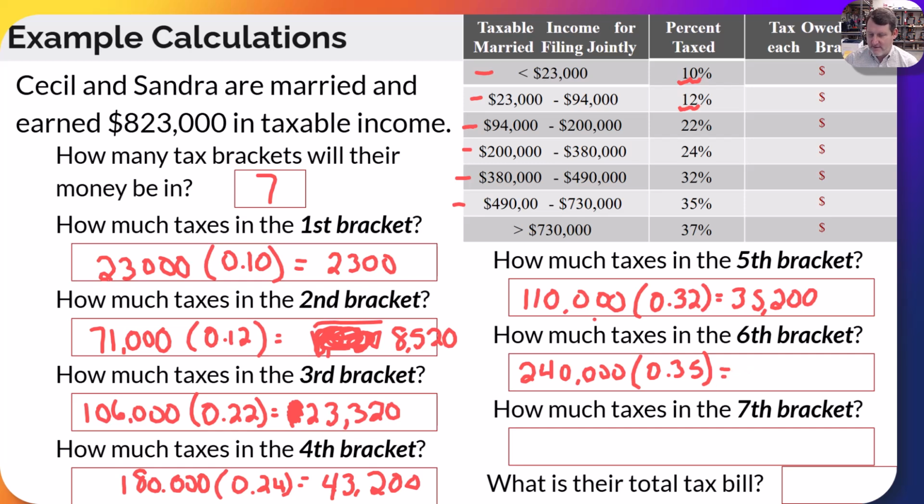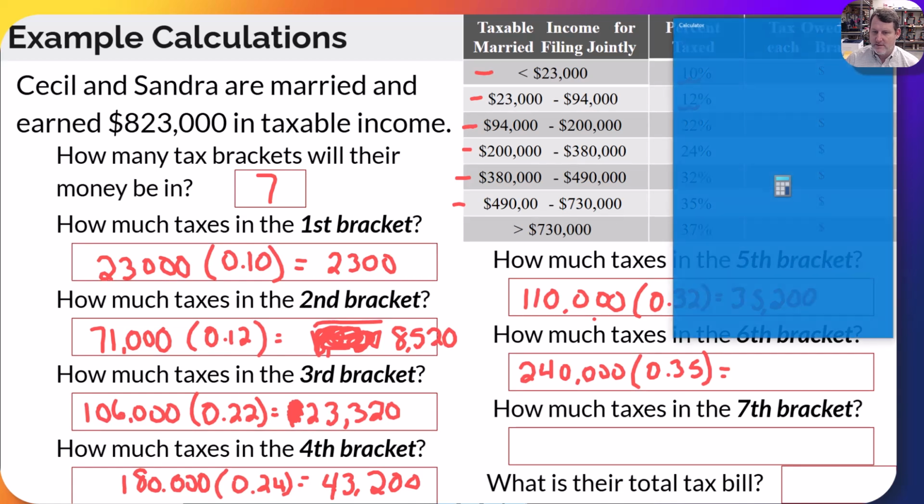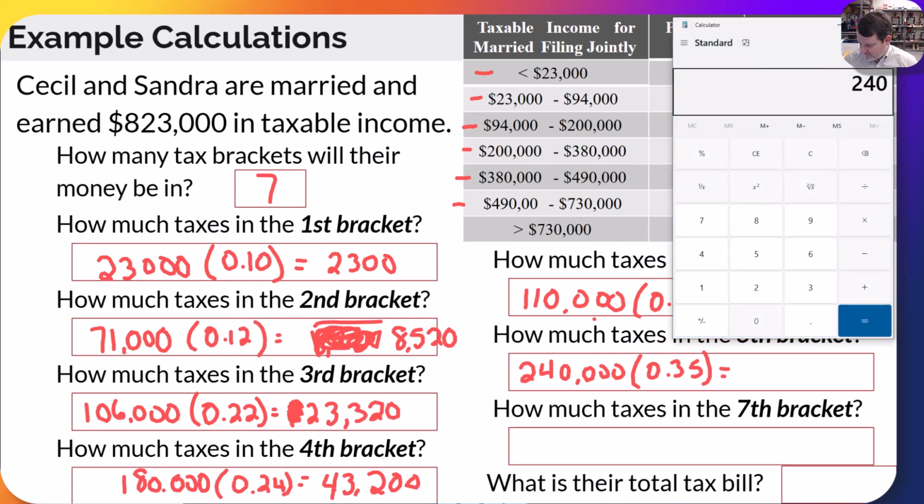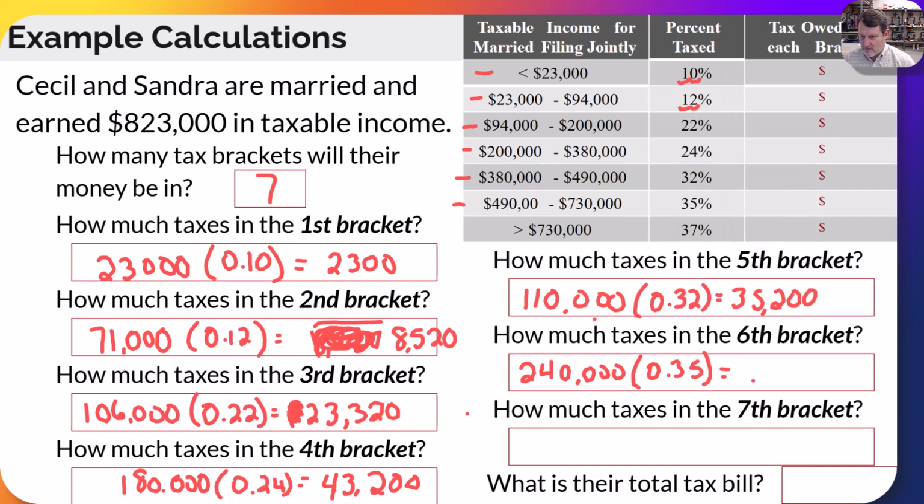And that's going to give us a cost of 240,000 times 0.35, $84,000 in taxes. That's a big chunk.